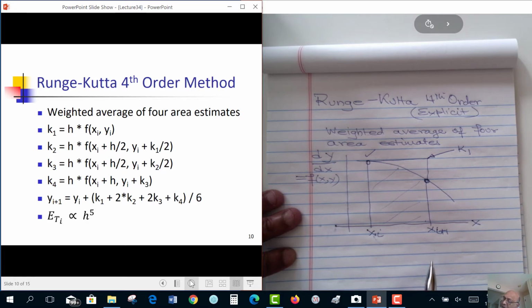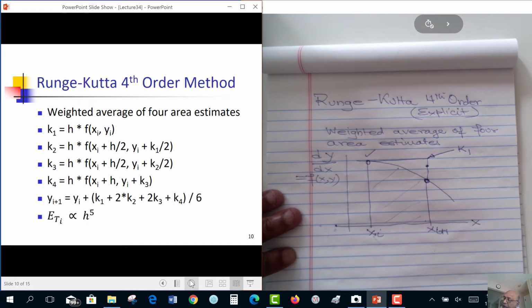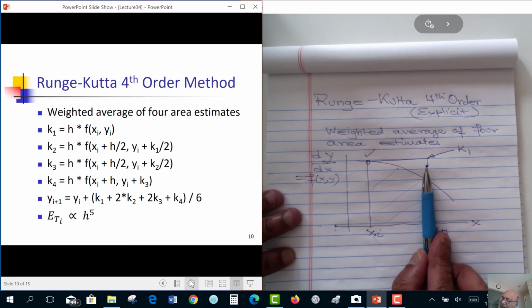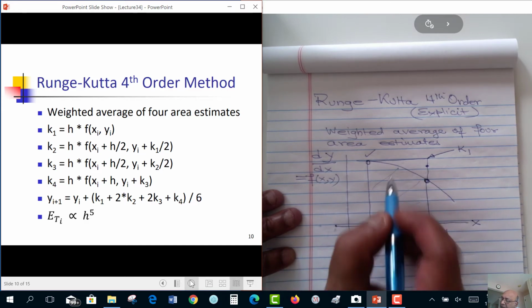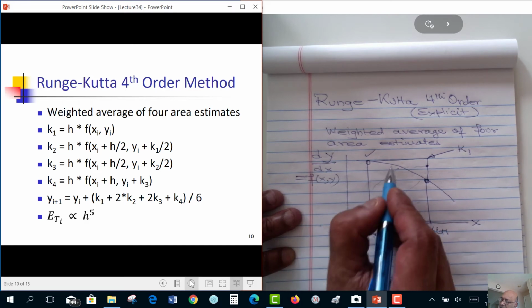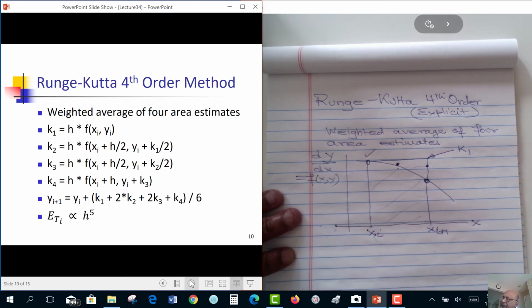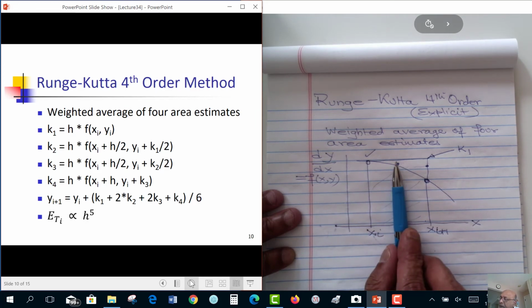Using that, we can calculate the slope. So let's say we get the slope here. So instead of predicting the slope at the right end, using the same extrapolation scheme, we instead predict the slope in the middle of the strip.